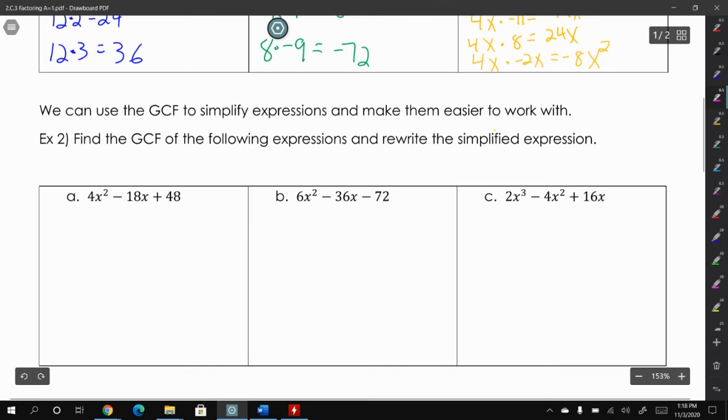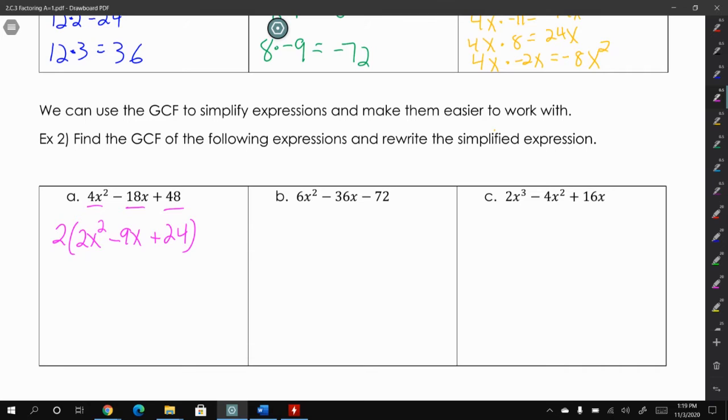So in A, if we look at what all these have in common, they all have at least a 2 in common. So what we can do is factor out a 2, and then what's left on the inside would be 2x squared minus 9x plus 24. When you're factoring like this, you can think about dividing. What would be left over?